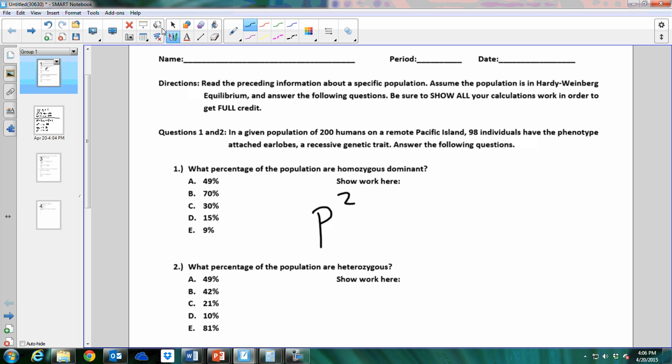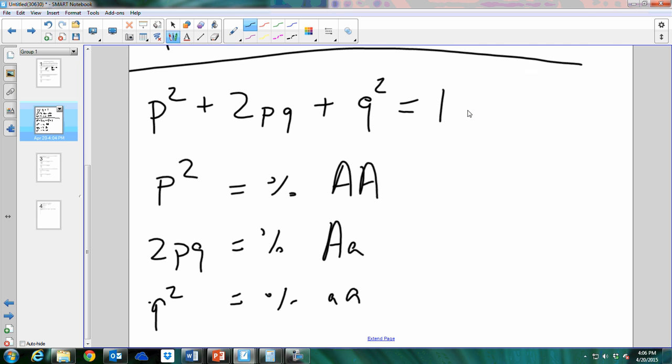We know that 98 individuals have the phenotype for attached earlobes, a recessive trait. 98 have this trait, which is 49% of the population. 49% of the population are homozygous recessive. What is homozygous recessive? q squared.